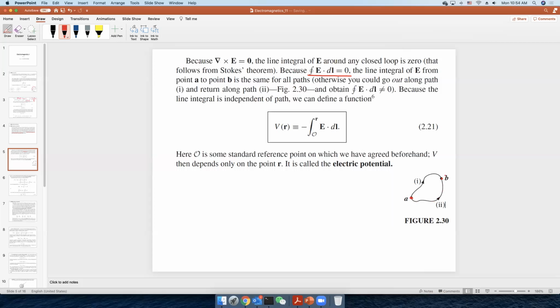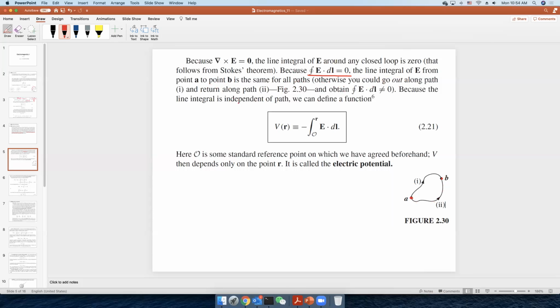No matter which path you choose, the value of the integral is always the same. So the line integral of E from point A to B is the same for all paths.